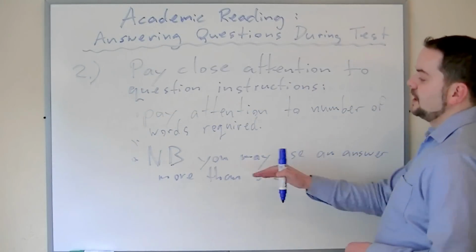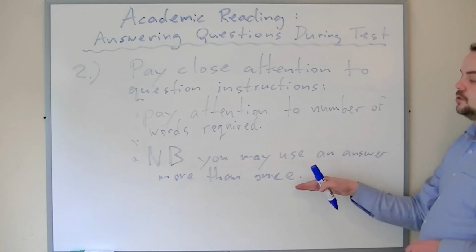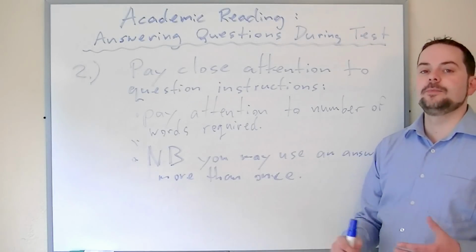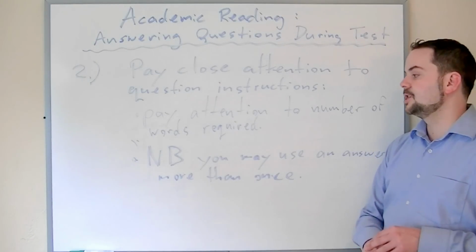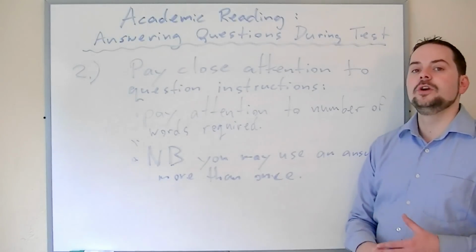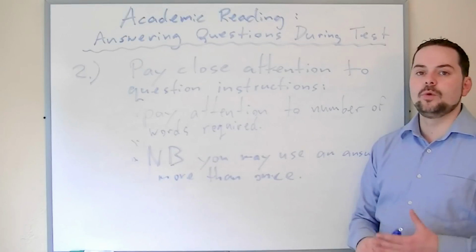If you see these instructions, again, this is often for table or summary completions, which are very popular questions. There's a very, very good chance that you will have to use one of the answers more than once.